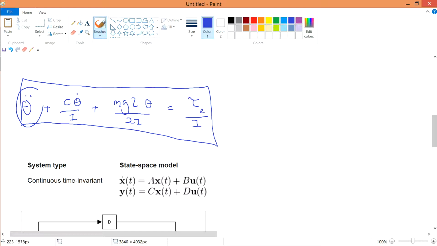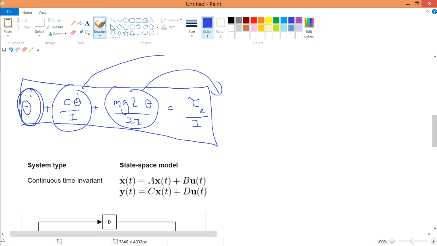To apply the state space model, the first thing you need to do is to look out for the highest order of the variables. The thetas are all the variables that are changing. So we look for the highest order. Once I know this is the highest order, the next thing is to write the equation in terms of it, in other words, move this term to this side.